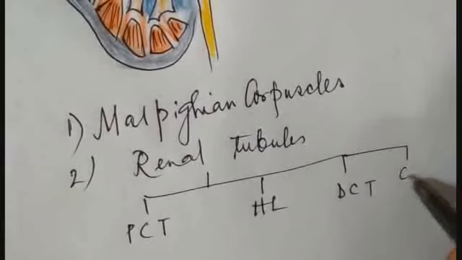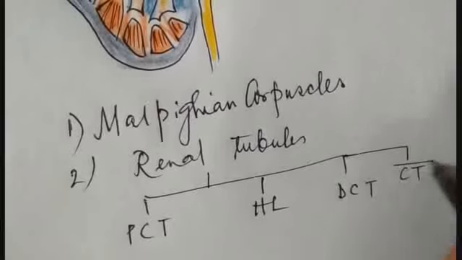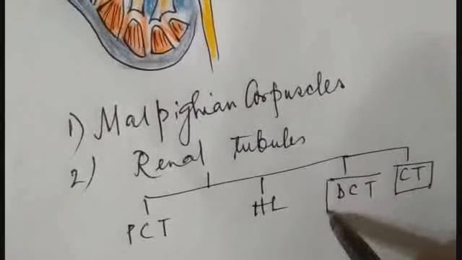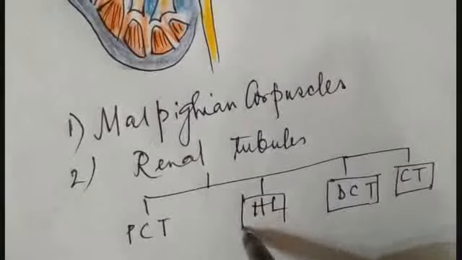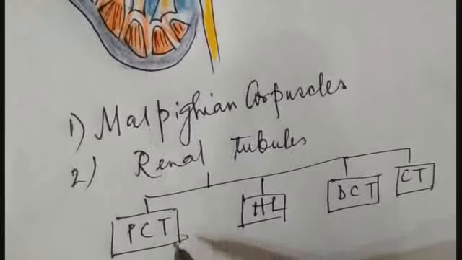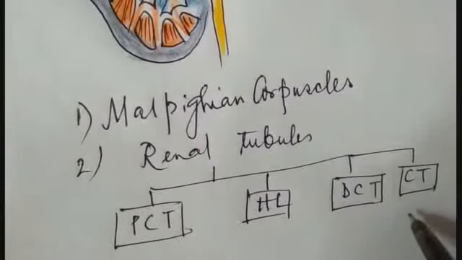Another part is the collecting tubule, which is not included under the nephron.